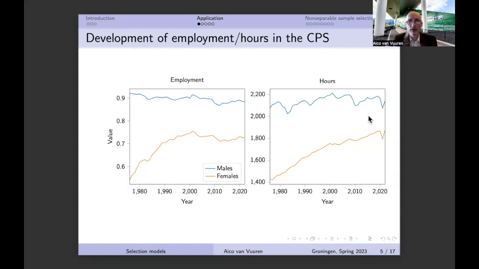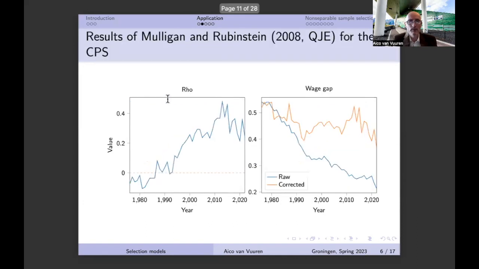So what you should understand from these two pictures, especially for the next slide, is that employment figures for men have been much higher than for women, and for women they have been substantially below, say, 100%, and that's actually not so much the case for men.